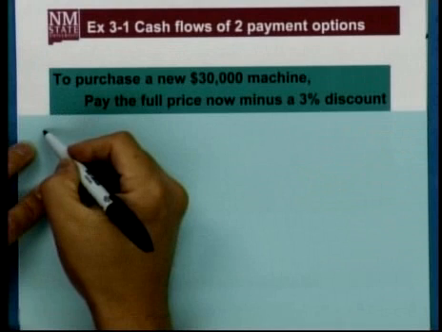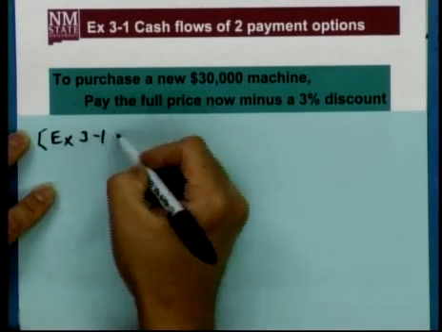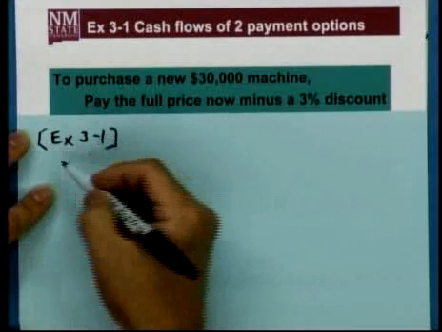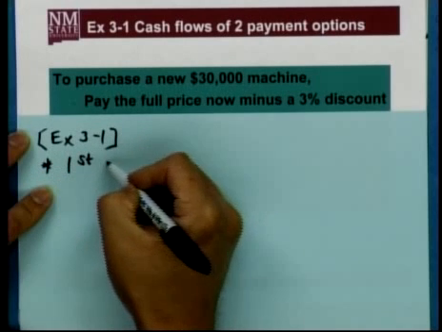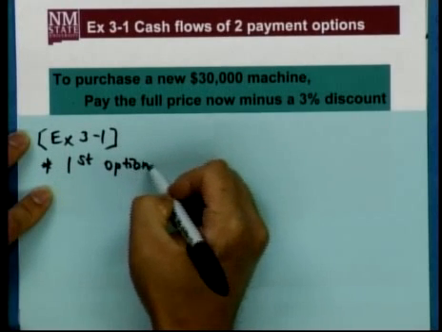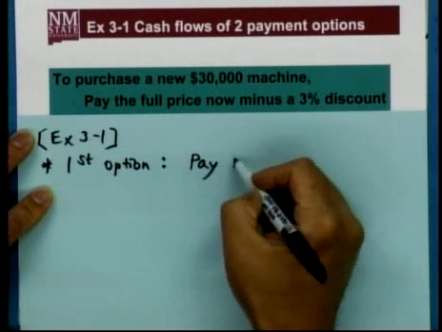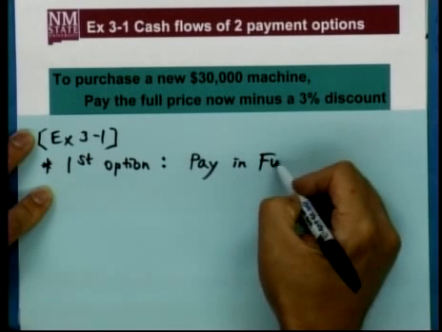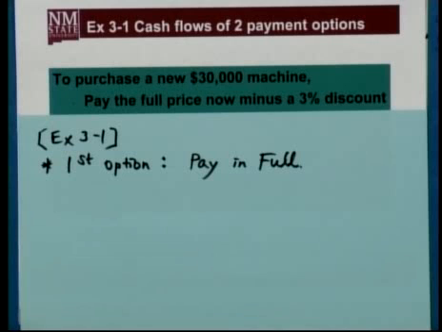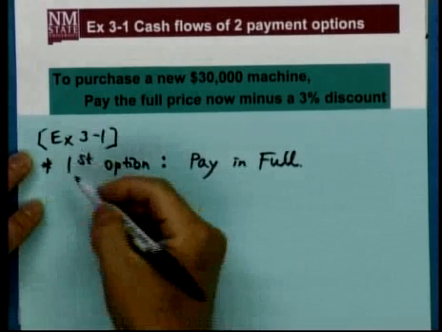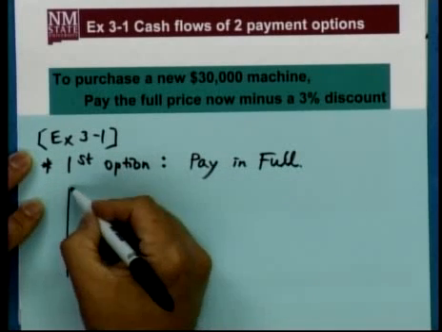So we are working on example 3-1, first option, which is pay in full. Okay. So we can construct the table of cash flow.